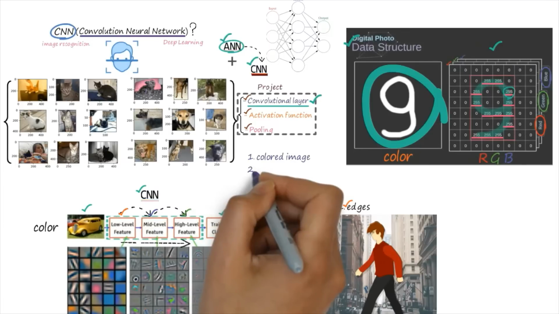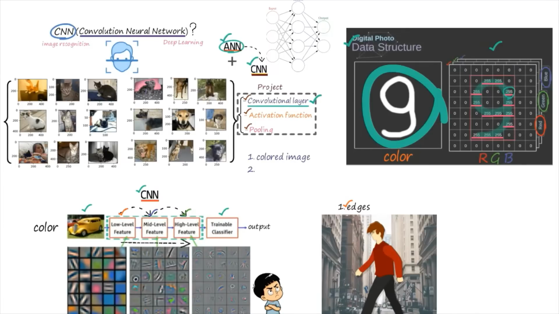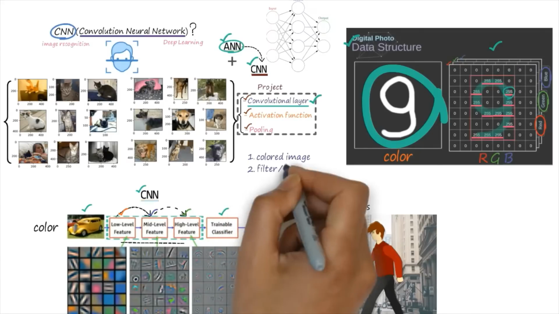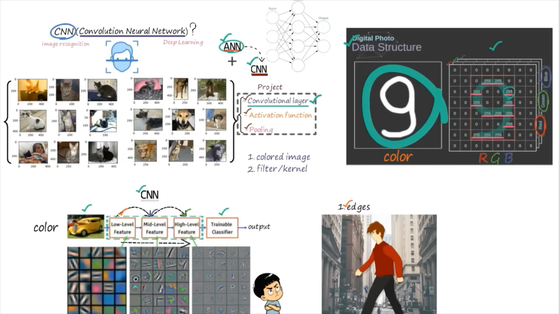Now, the second component is known as a filter, or it is also known as a kernel. Now, what is this filter? I will discuss it, but for the time being, you have to understand how this convolutional layer will work.